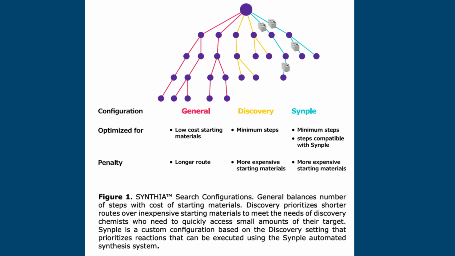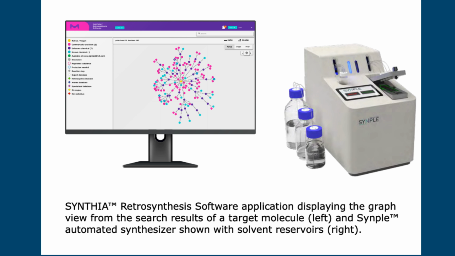Advantages: rapid exploration of vast chemical space, identification of non-intuitive synthetic routes, and reduction of human bias. Limitations: may undervalue long-term strategic planning, requires accurate reaction rules and datasets, and is less effective for highly novel or unprecedented transformations.